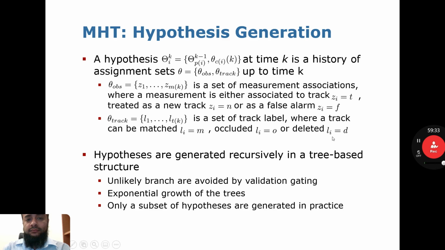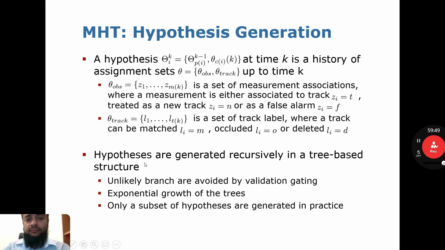And the deleted li could be deleted because of low detection probability, or maybe a false measurement. It can be deleted, or it can be occluded, or it can be matched in the validation gate, so it has a measurement.